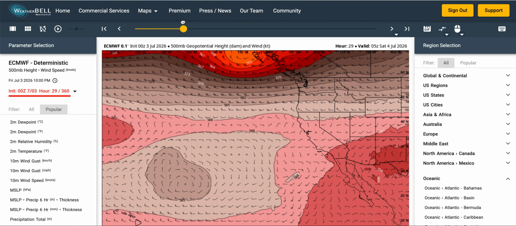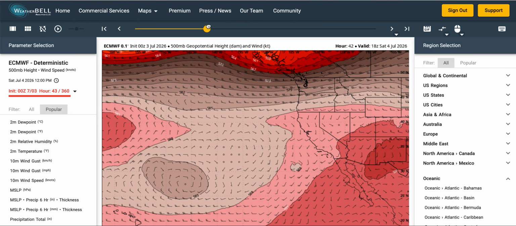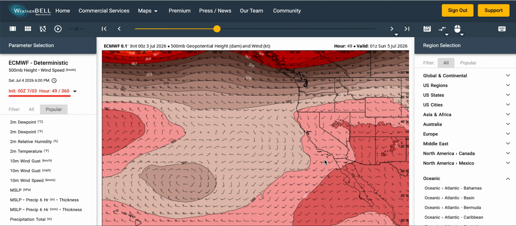Warms up a little bit for inland areas. You'll notice a bit of a warm up. You see those warmer air columns start to come in from the southwest here. However, it looks like the wind flow is going to remain out of the west, especially at the coast, and that's going to keep the cold Pacific air in place along the coastline.